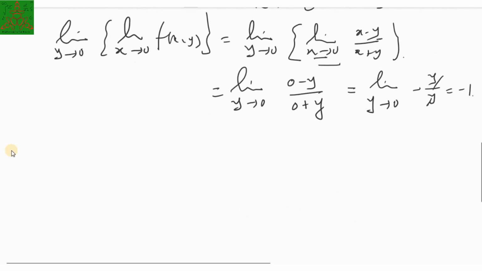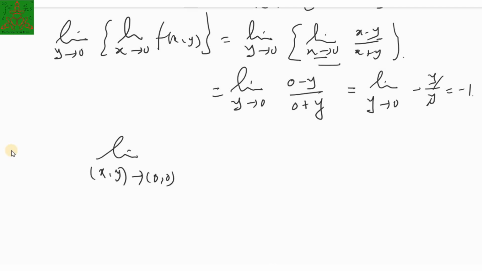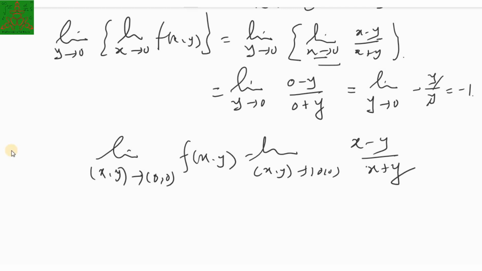Also, you can observe the limit of the function f of (x, y), that is limit (x, y) tends to (0, 0) of (x minus y) upon (x plus y).